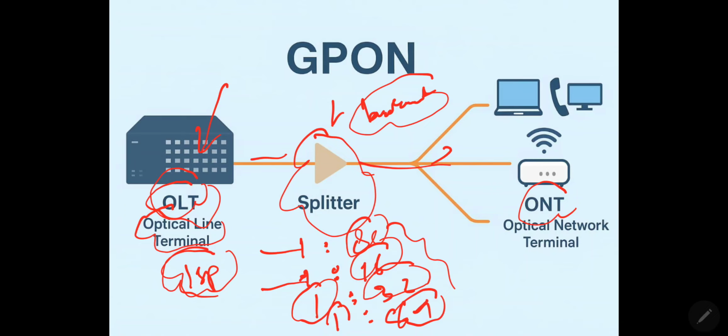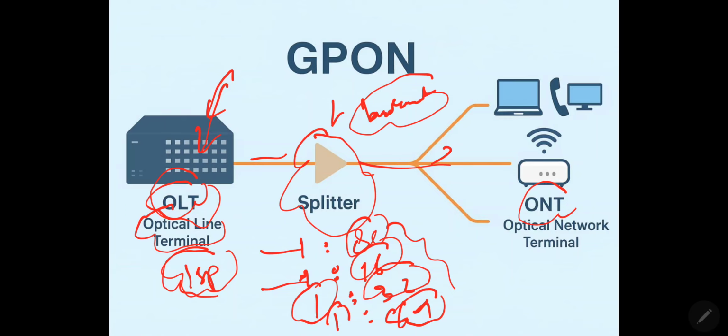Next, ONT, Optical Network Terminal. The location of this ONT is at the user, for example in your house, and the function of this ONT is to receive the signal from the OLT.